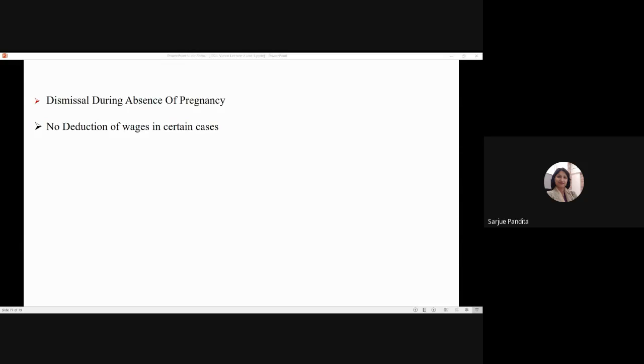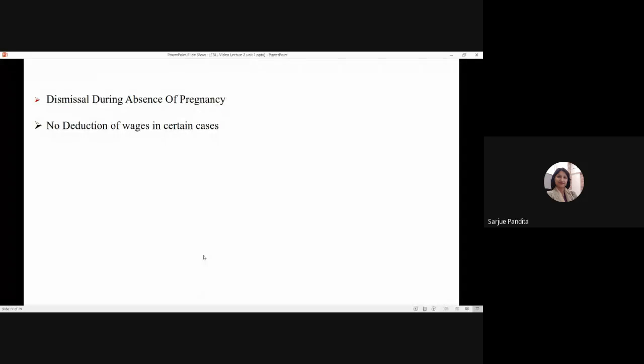Then any woman deprived of maternity benefit or medical bonus, or discharged or dismissed during or on account of her absence from work in accordance with the provisions, may, within 60 days of the date on which the order of such deprivation or discharge or dismissal is communicated to her, appeal to such authority as may be prescribed, and the decision of that authority would be final in that case.